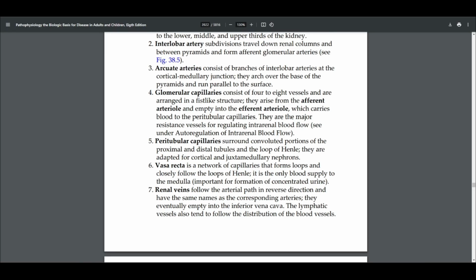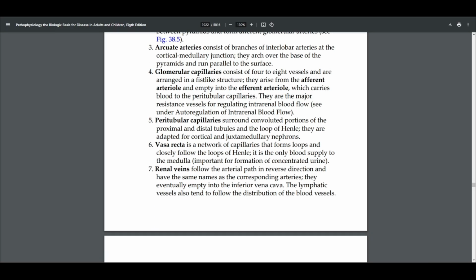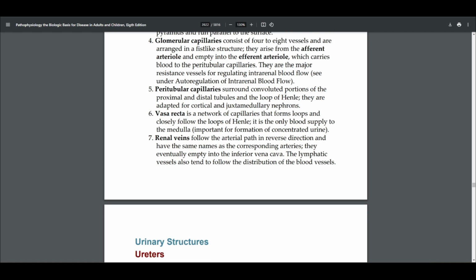The peritubular capillaries surround the convoluted portions of the proximal and distal tubules and the loop of Henle. They are adapted for the cortical and juxtamedullary nephrons. Your vasa recta is a network of capillaries that forms loops and closely follows the loop of Henle.